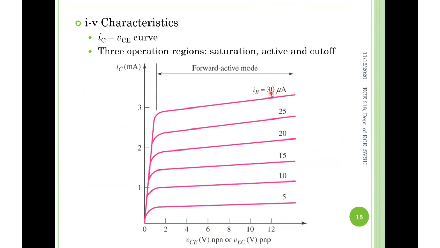Based on different IB values, it's not like the MOSFET, where different VGS introduce different curves. Here it is IB. Different IB introduces a different curve.